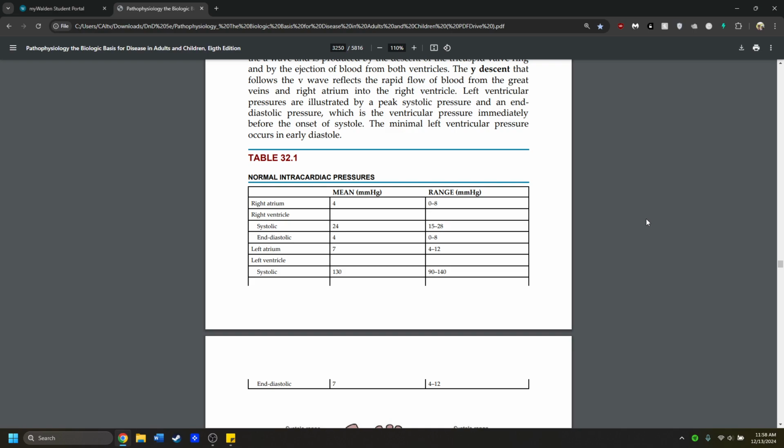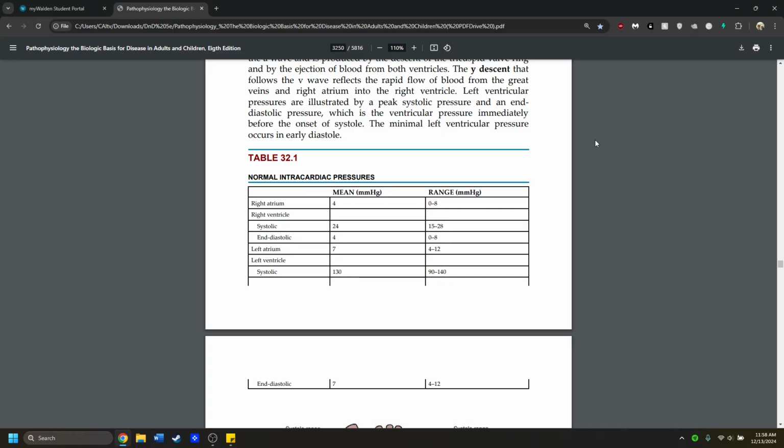The left side should be higher in range. Again, it has a larger resistance in the body. So the left atrium, again, would be lower, 4 to 12, with a mean of 7. Whereas the systolic is anywhere between 90 to 140. That is what gives us our systolic blood pressure.